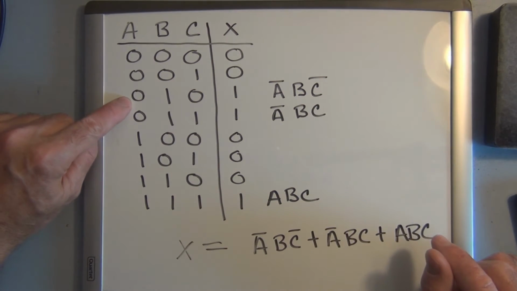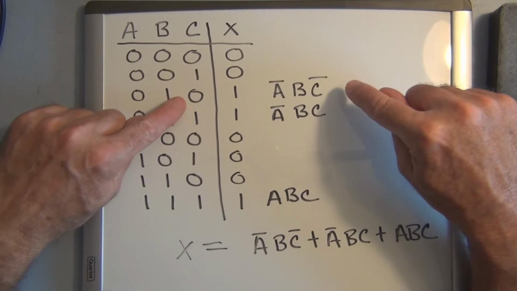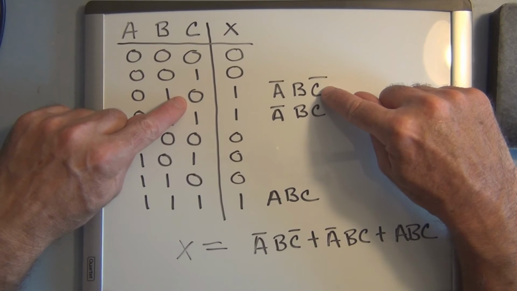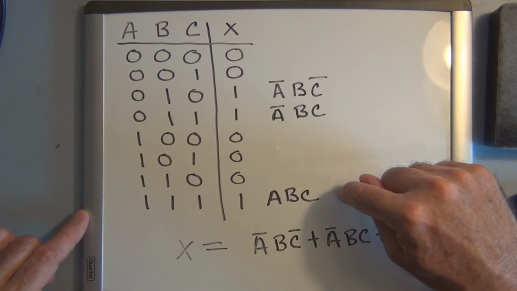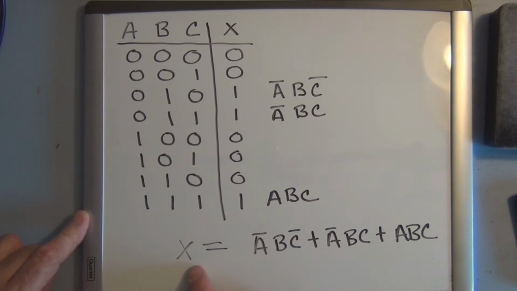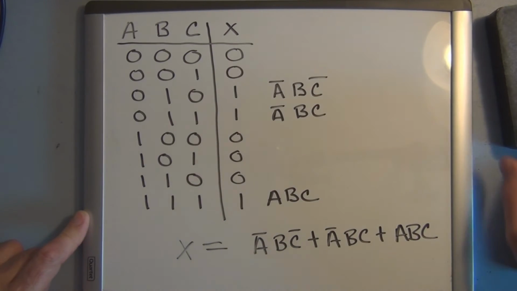If it's a 0, it's inverted, in this case A naught, B, and here C is 0, so it's C naught. And then the AND terms are ORed together to produce the total Boolean expression for the output X. Each of these AND terms represents a 3-input AND gate in this case, and each of these outputs will be fed into an OR gate.